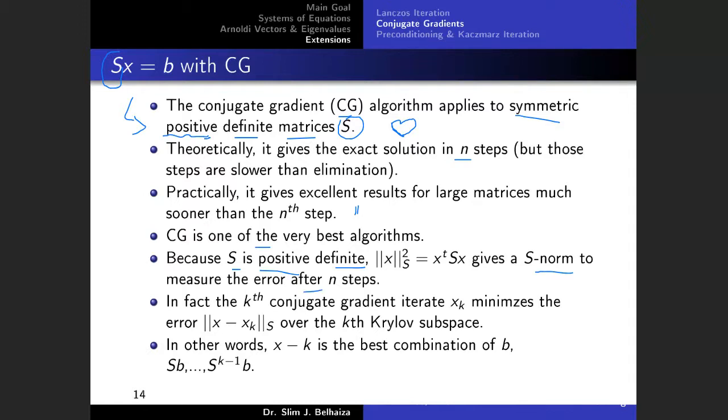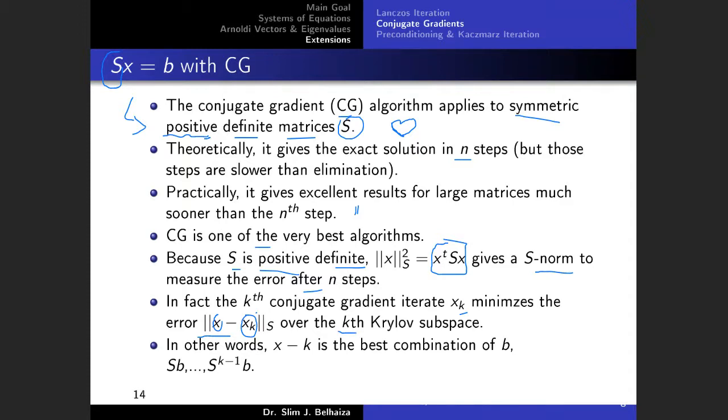The S norm is given by x transpose times Sx. And in fact, the kth conjugate gradient iterate, xk, minimizes the error between x, the exact solution, and the solution we estimate over the K-Krylov subspace. And after K iterations, you are dealing with the K-Krylov subspace.